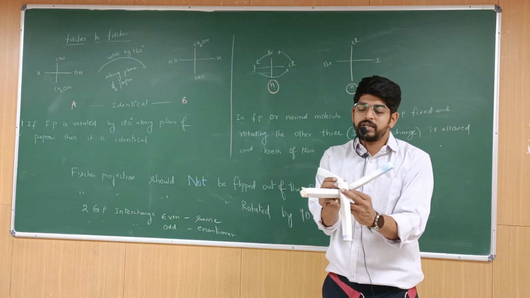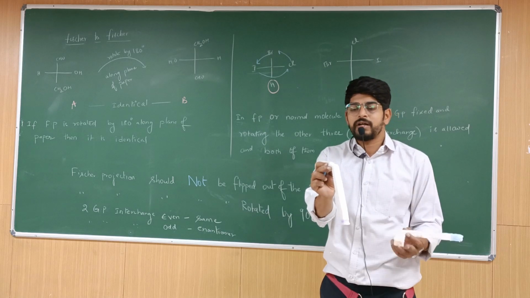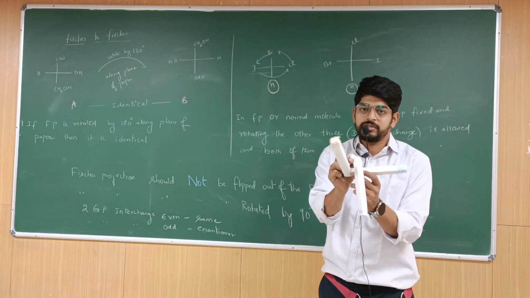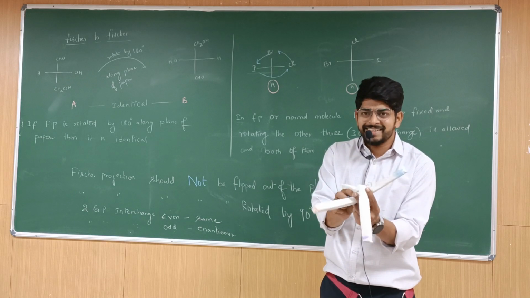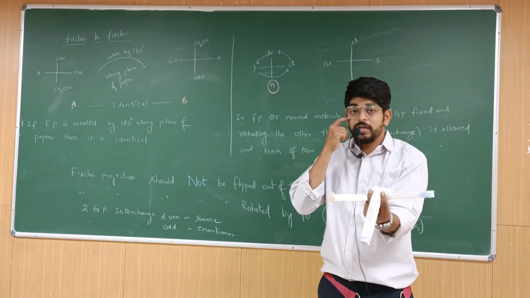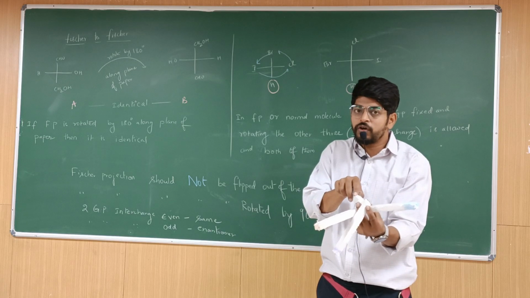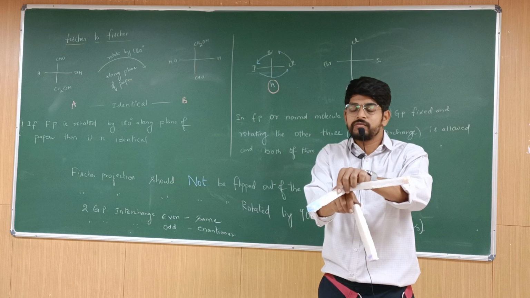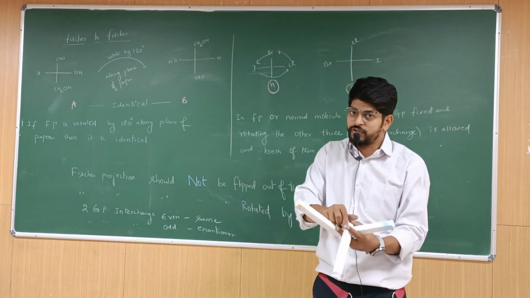To do a 2-group interchange, I have to break this bond and then only can I twist it. But 3-group rotation is nothing but twisting the whole molecule. Twisting the whole molecule will not cause any change in the configuration, but twisting 2 groups will. That is what you have to understand.